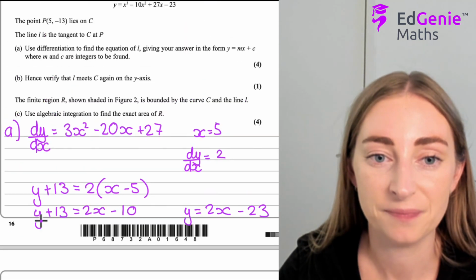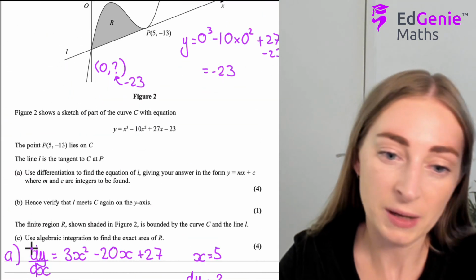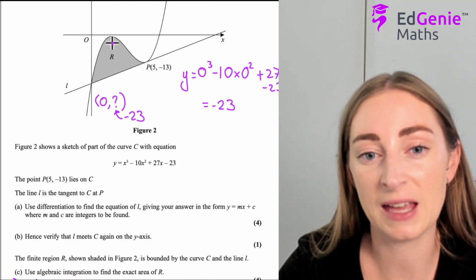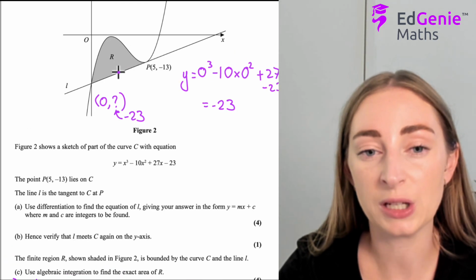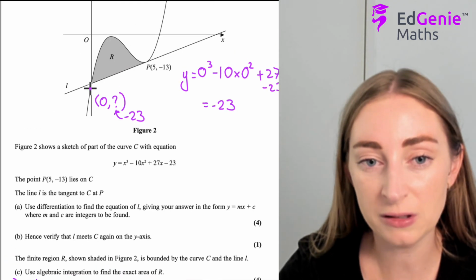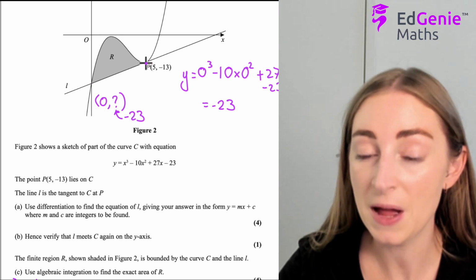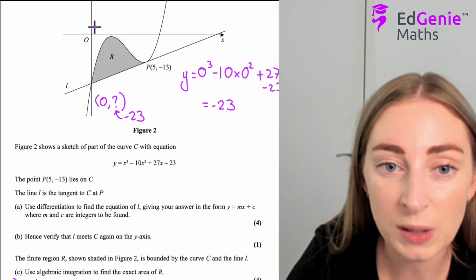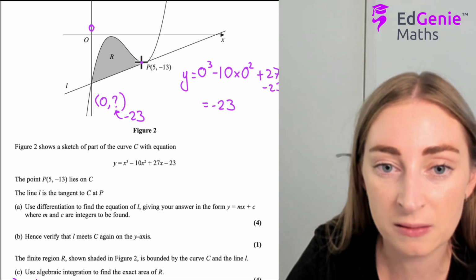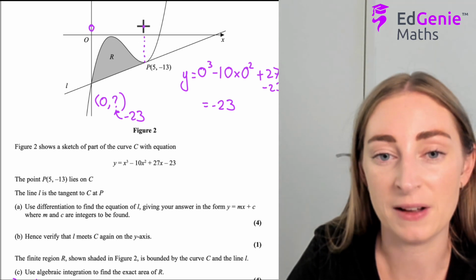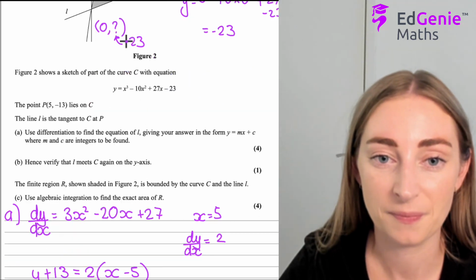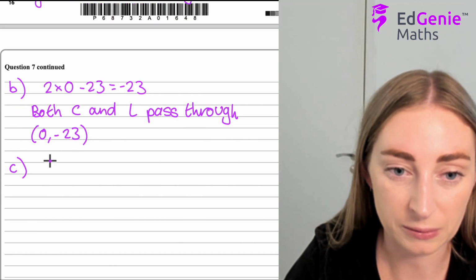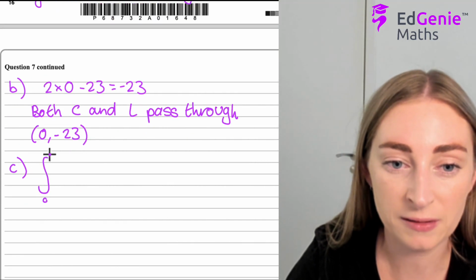Part C. Use algebraic integration to find the exact area of R. So we're finding the area of this. So we're going to want to do the integral of the curve minus the integral of the line. And it's going between this value 0 and that value is 5. So we're going to do 0 to 5.